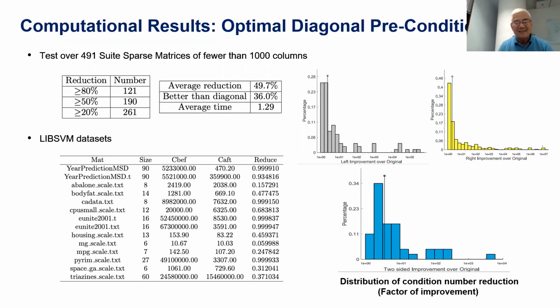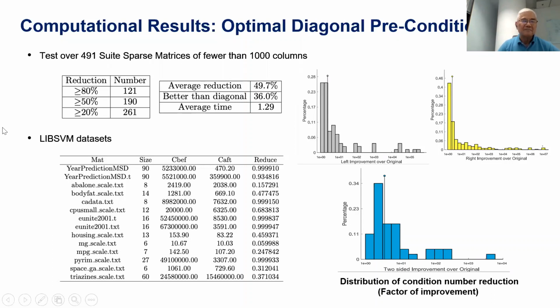Another use is that I really want to use this optimal preconditioner as a benchmark to evaluate all the different heuristic diagonal preconditioners, and also potentially develop even better heuristic diagonal preconditioners based on the matrix features. So basically use this as a learning tool.